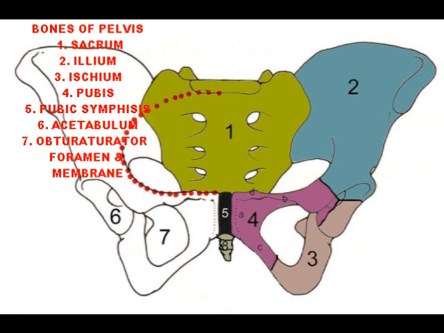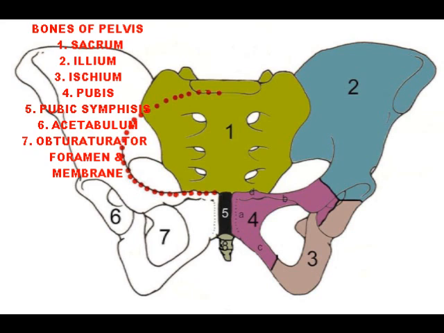Okay, before we discuss this next part, I just wanted to mention that I incorrectly said that part number four was the ramus, where it actually is the pubis. I meant to say that it's the pubis, not the ramus.